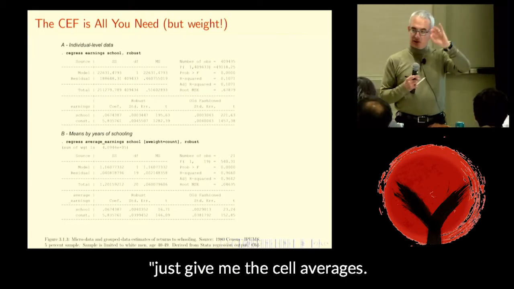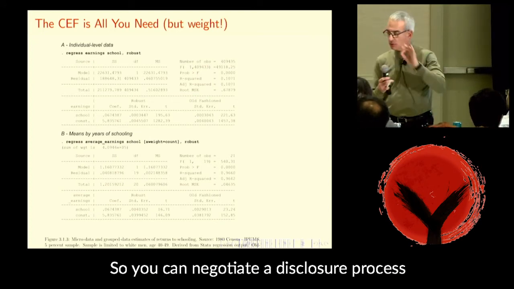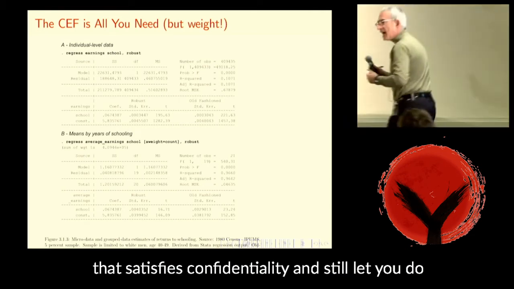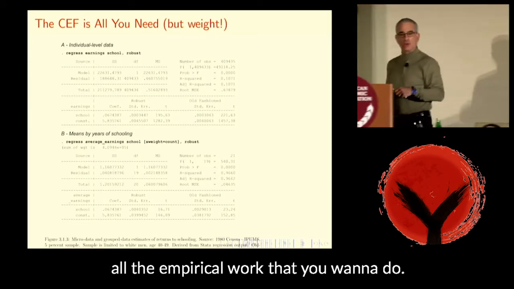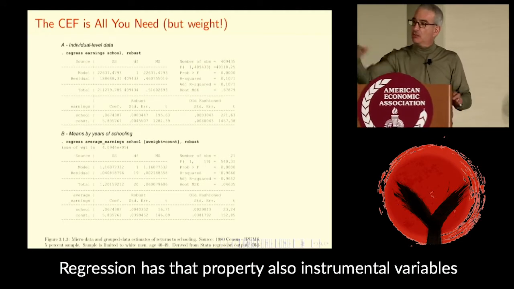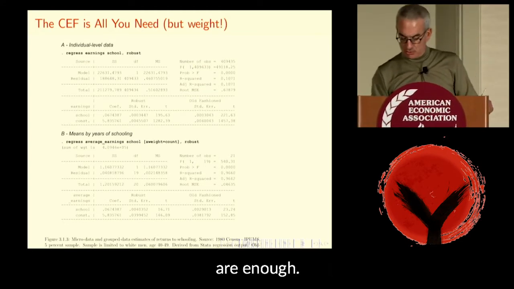Just give me the cell averages, and I can run whatever regression. So you can negotiate a disclosure process that satisfies confidentiality and still lets you do all the empirical work that you want to do. Regression has that property. Also, instrumental variables has that property, that conditional mean functions are enough.